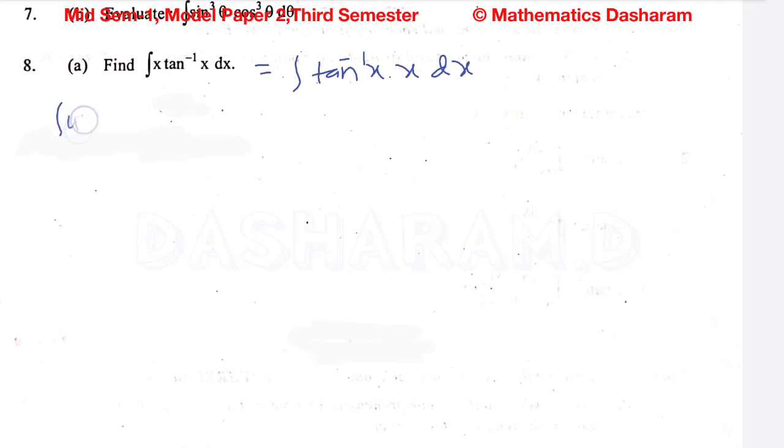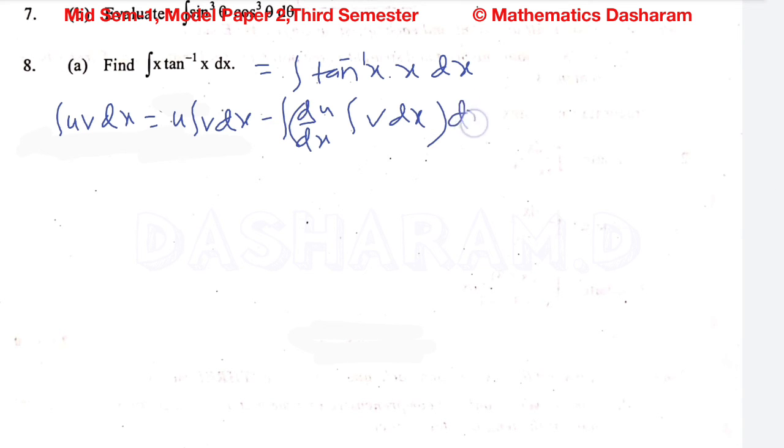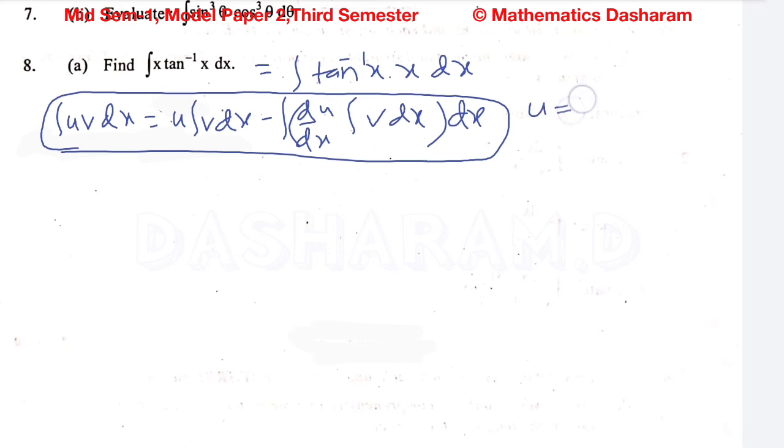Now integration of u into v dx equals u into integration of v dx, minus integration of d by dx of u into integration of v dx, whole dx. So here what is the u value? Tan inverse x is the u value and the v value is x.